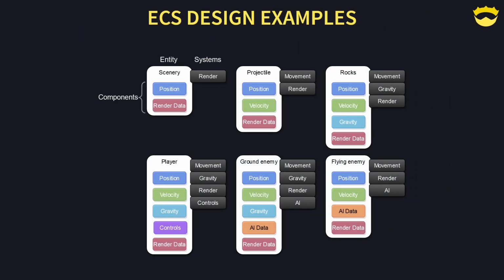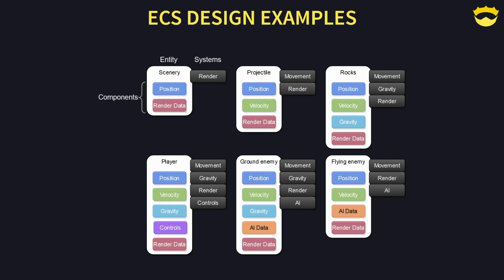So here's an example of how this looks when you start stacking things together. You can see that the white boxes are representations of an entity, and each entity will contain different component parameters, and you can see in grey the systems that those invoke.